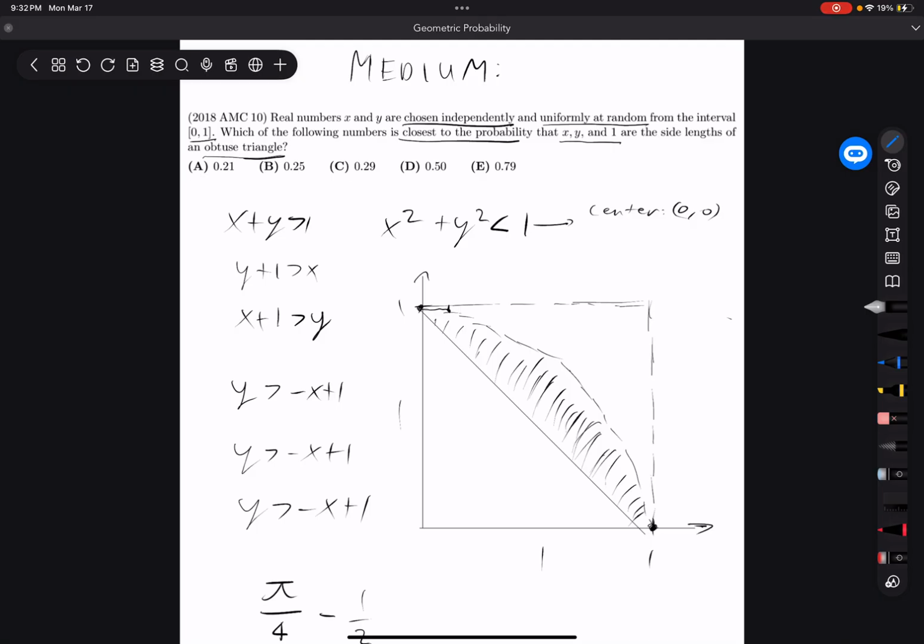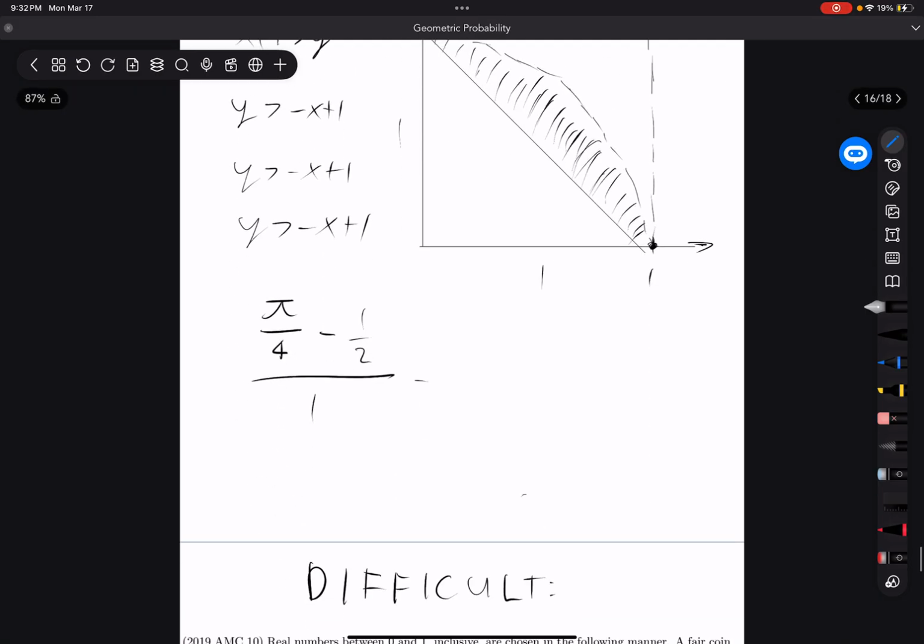So now let's solve this. We can assume pi is 3.14, so this is just going to be 3.14 over 4 minus 1/2, over 1. Well, let's make 3.14 over 4 without decimals: 314 over 400, you multiply by 100 on both sides.